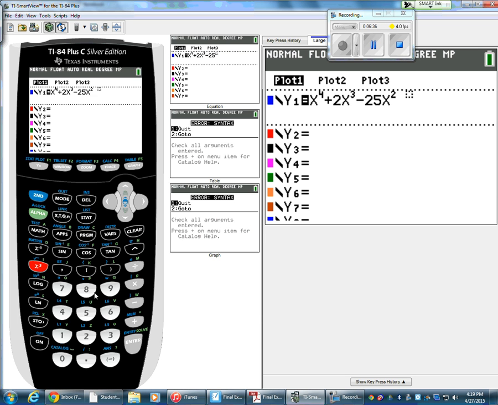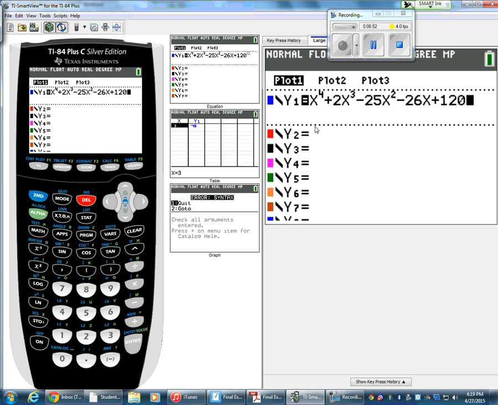And then minus 26x plus 120. I'm not sure why this exponent is not going away, but okay, there it is, plus 120. So x to the fourth plus 2x cubed minus 25x squared minus 26x plus 120.